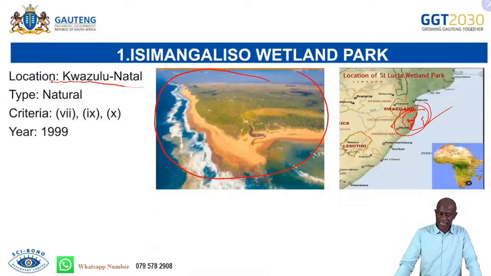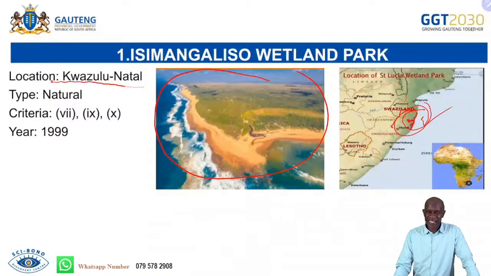But if you stick to my advice, to know the location, to know whether it is natural, and the criteria behind its declaration as a World Heritage Site, as well as the year.